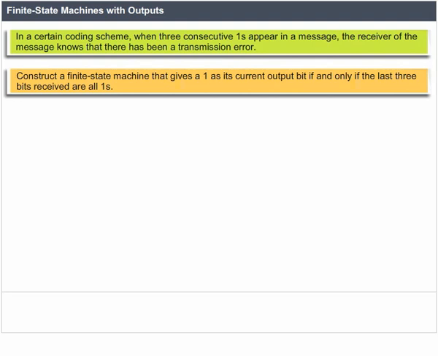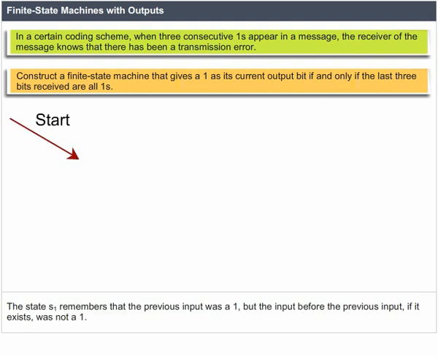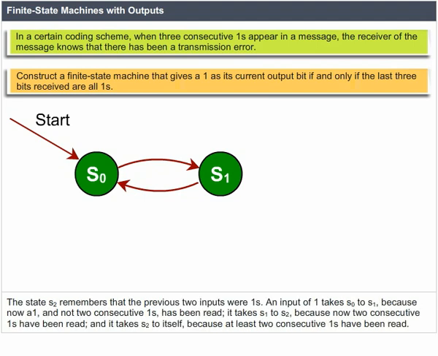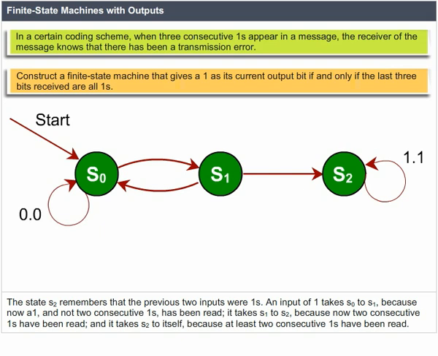The state S1 remembers that the previous input was a 1, but the input before the previous input, if it exists, was not a 1. The state S2 remembers that the previous 2 inputs were 1s. An input of 1 takes S0 to S1 because now a 1 and not 2 consecutive ones has been read.